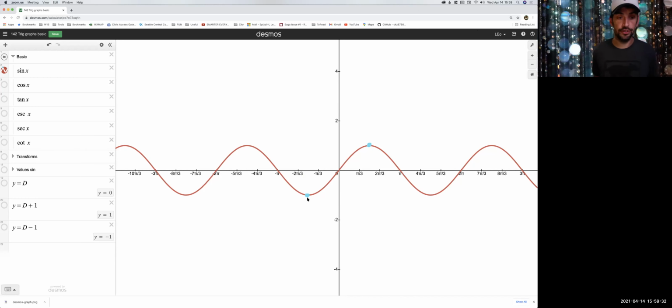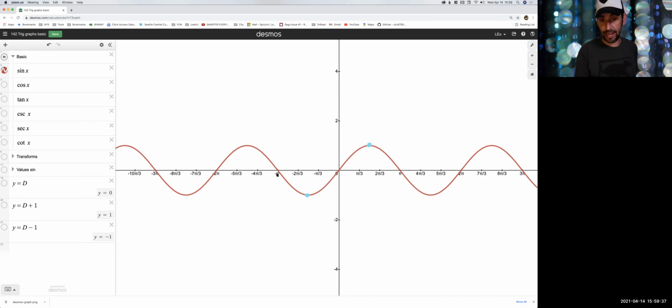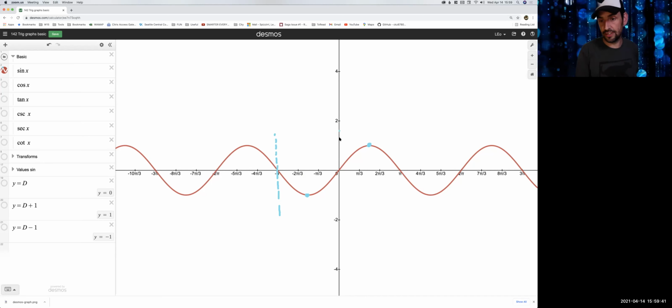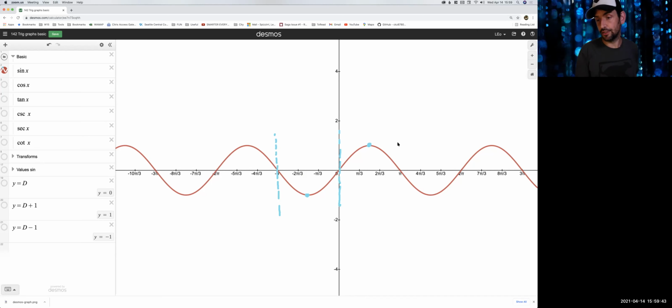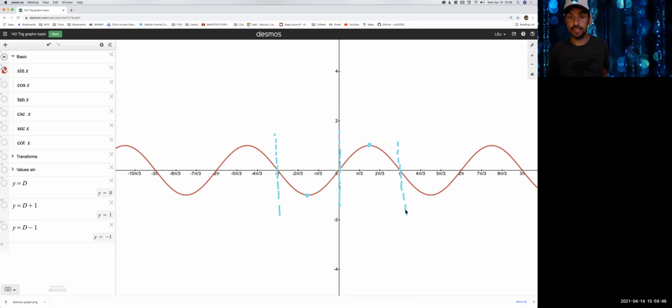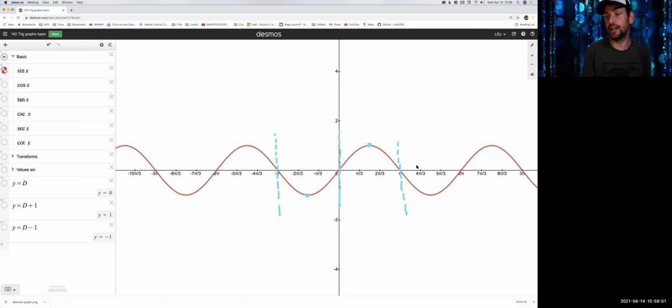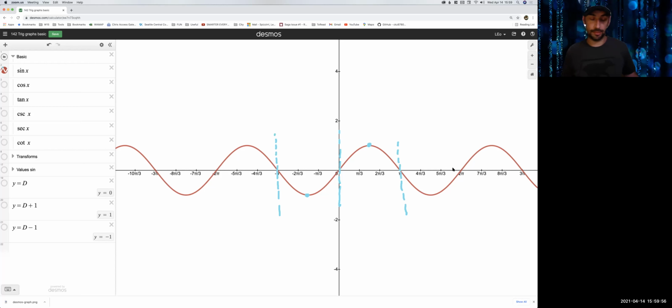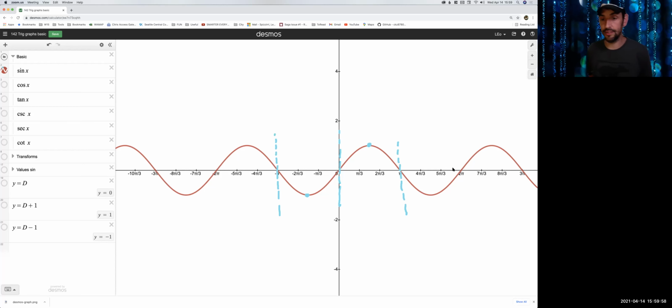Wherever sine is 0, we should expect cosecant to not exist, because you can't divide by 0. 1 over 0 is not defined. So in these 3 spots, plus every repeat, where sine is equal to 0, every multiple of pi, we expect cosecant not to exist.